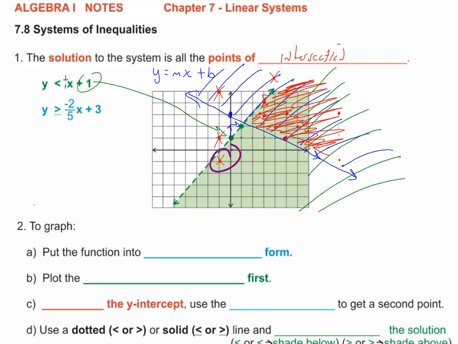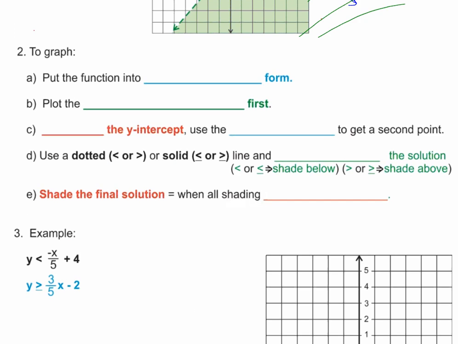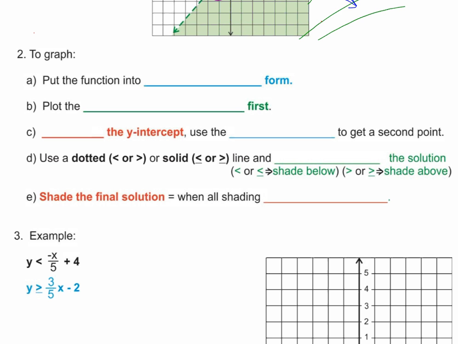All right, so let's do a couple examples here and write a few things. All right, so remember, to graph, this is a review. Put the function in what form? Y equals mx plus b. You cannot forget that. You cannot. And what do you plot first? The Y-intercept.